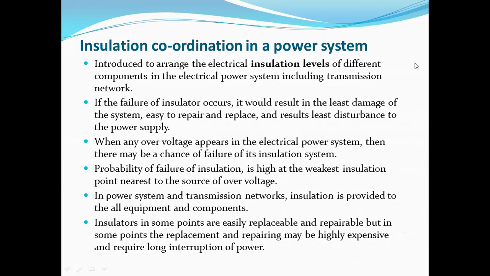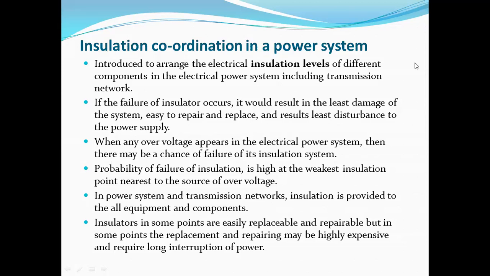This insulation coordination is introduced to arrange the electrical insulation levels of different components in the electrical power system, including the transmission network. So what we are doing is simply arranging the electrical insulation levels of the different components in the electrical power system, including the transmission network also.